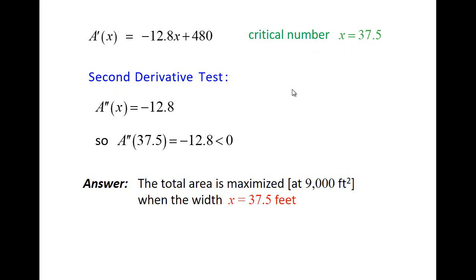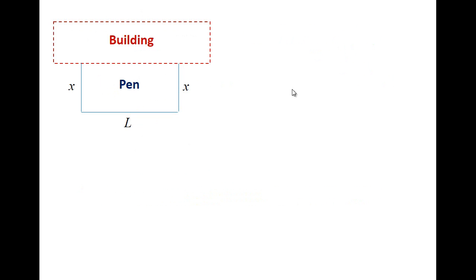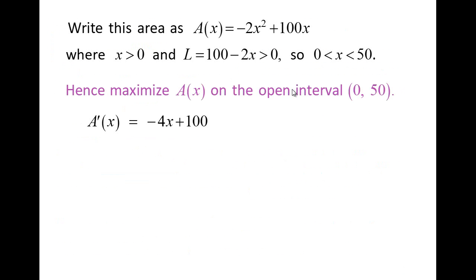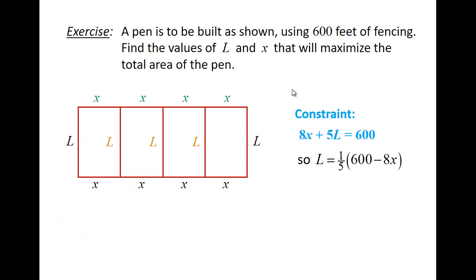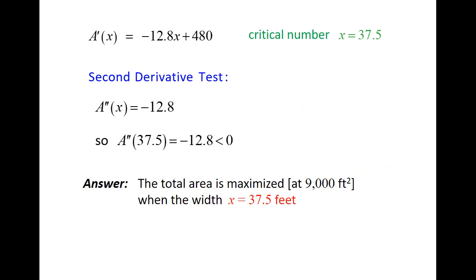Now, when x is 37.5, what can we say about L? From this equation, when x is 37.5, we can calculate the value of the corresponding length. And what is the maximum possible area then?